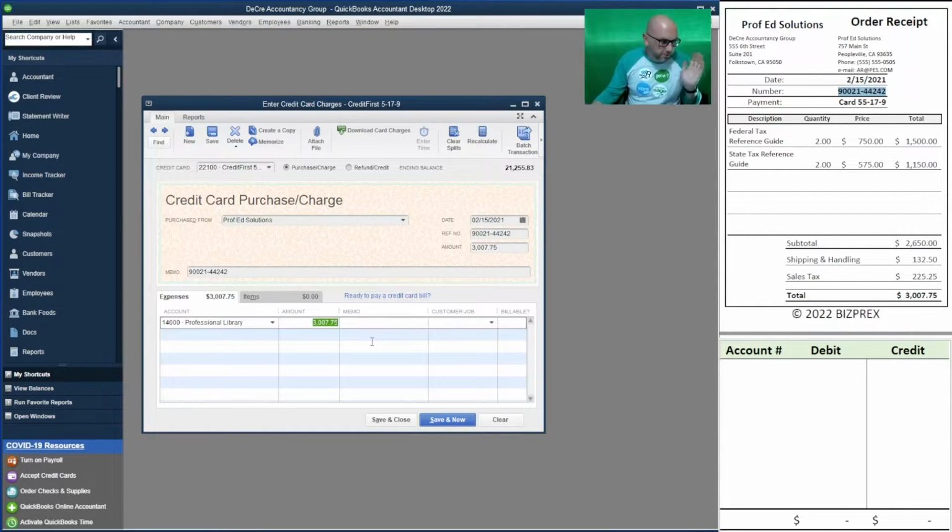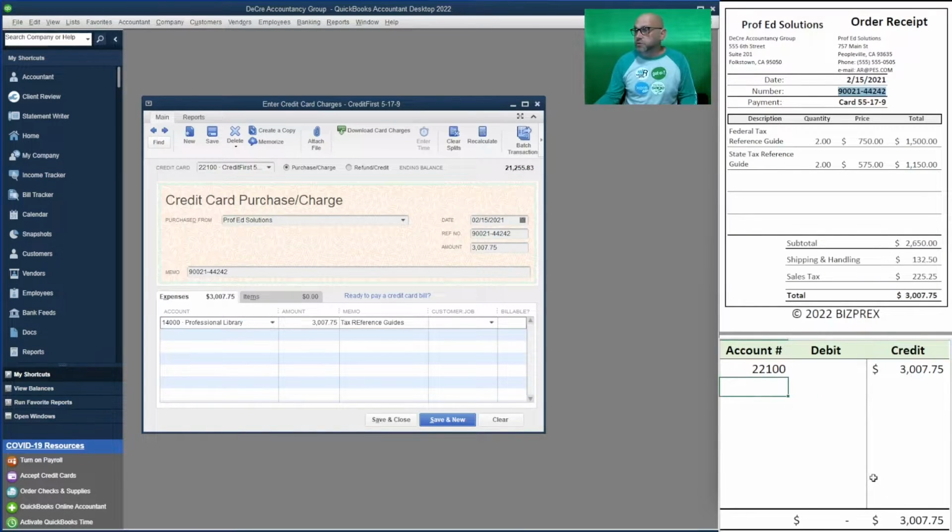Let's book it. Let's show how we did it, right? What's happening here? So we borrowed some money on our credit card. The liability went up. What else happened?